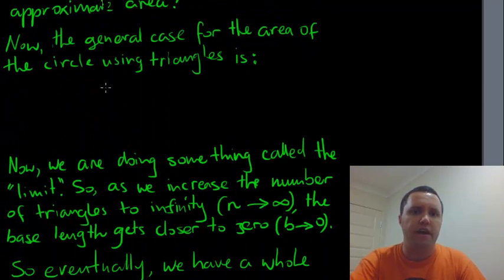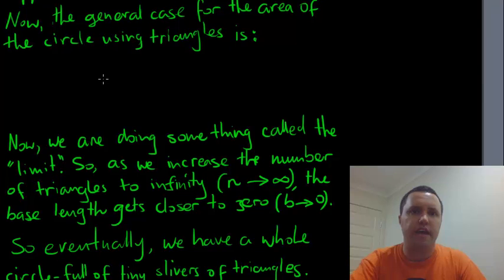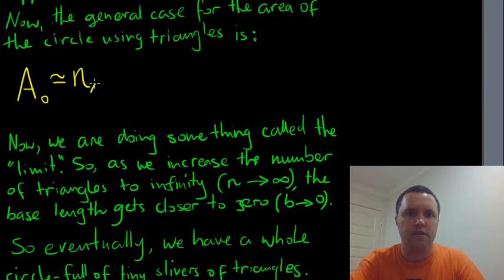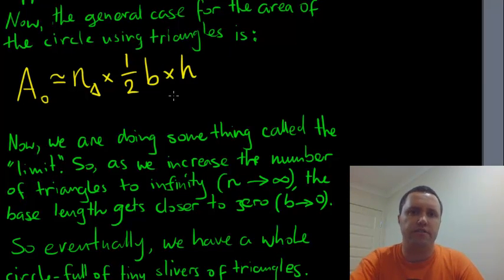So our general case is that the area of a circle using the triangle method is approximately equal to the number of triangles times half of the base times the height of those triangles. However many triangles it's divided into, times half the base times the height of them.